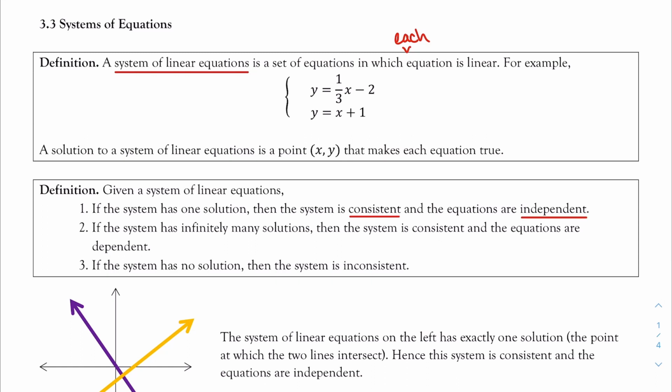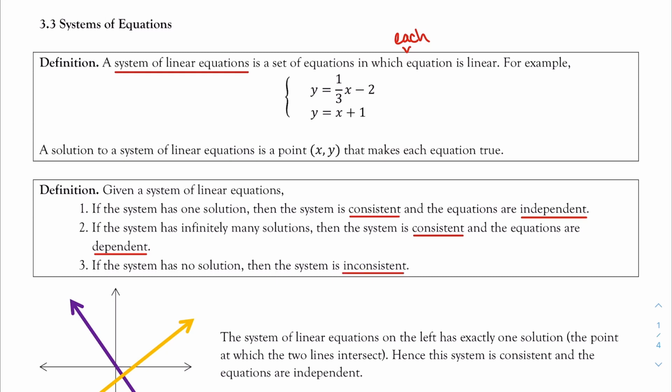First off, if there's only one solution, then my system is called consistent and the equations are independent of each other. If my system has infinitely many solutions, then we have a consistent system, but my equations are dependent on each other. And if the system has no solution, we just say that the system is inconsistent.